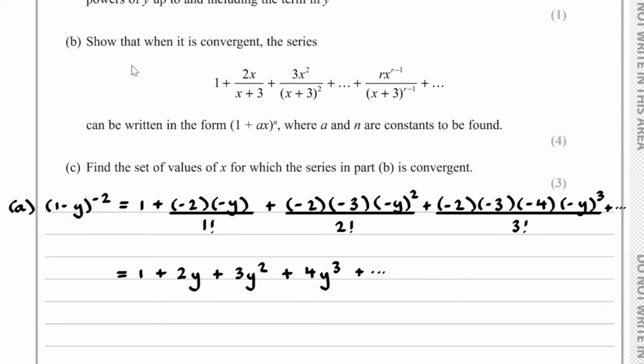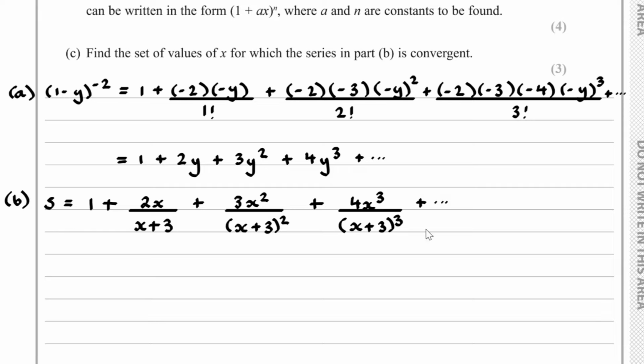For part B, we have to show that when it is convergent, the series 1 plus 2x over x plus 3, plus 3x squared over (x plus 3) all squared, so on and so forth, can be written in the form (1 plus ax) to the power of n, where a and n are constants to be found.